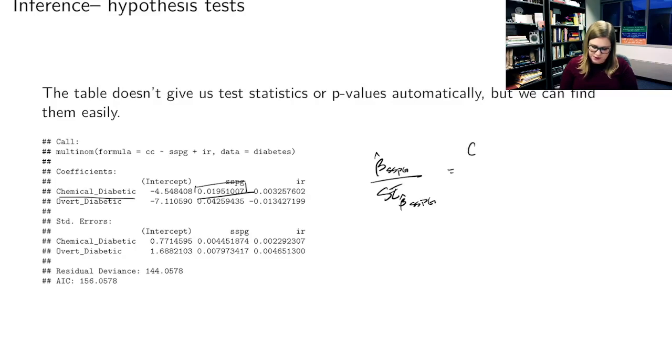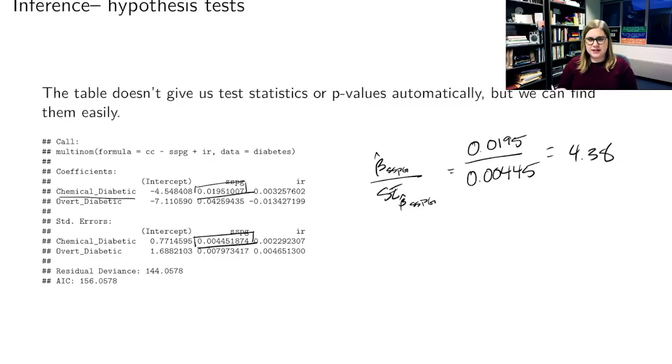And in this case, that would be 0.0195 divided by, and then I go find the standard error for that coefficient, 0.00445, let's say. And if I do that arithmetic, it is 4.38. In this case, I would probably just compare to a normal distribution, and I would just use the facts that I have memorized about the normal distribution.